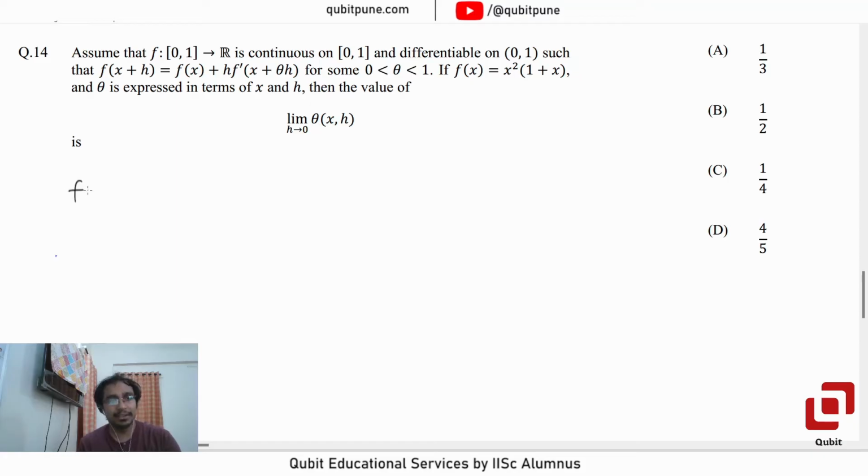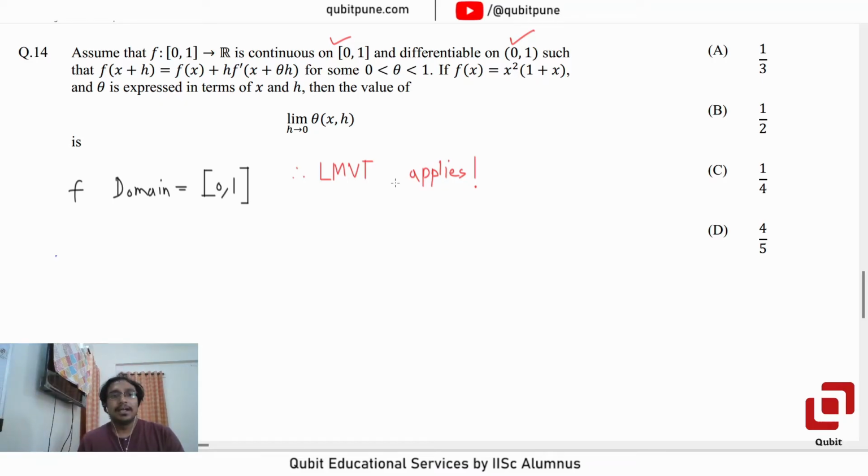So we are given a function whose domain is the closed interval 0 to 1. We are not concerned with its range, but it's a real function. It is continuous on closed interval 0 to 1 and differentiable on open interval 0 to 1, which means LMVT, Lagrange's mean value theorem, applies. But to solve this problem, we are not going to use LMVT.